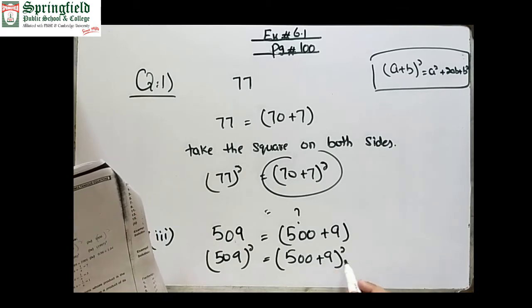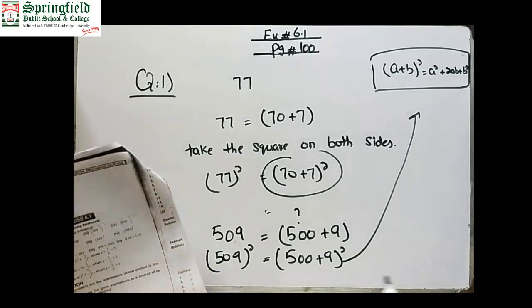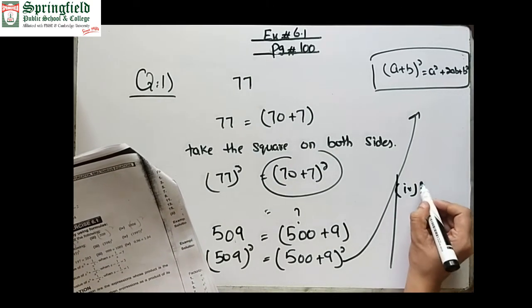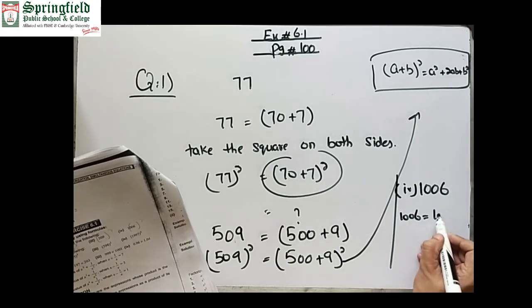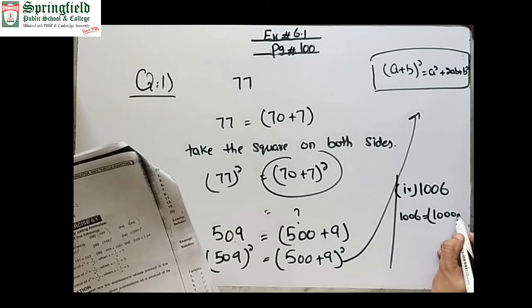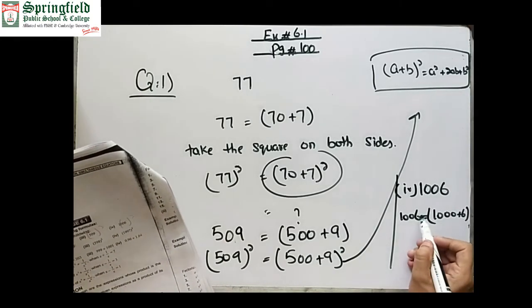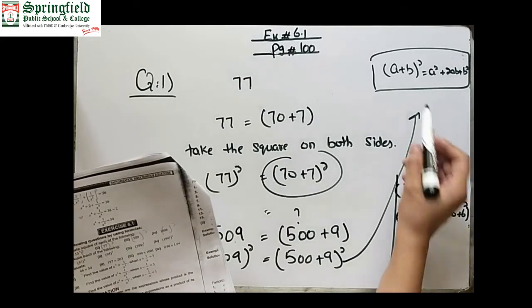Now open this according to this formula. And part 4 is 1006. So 1006 can be written as 1000 plus 6. Then take the square on both sides and open according to this formula.